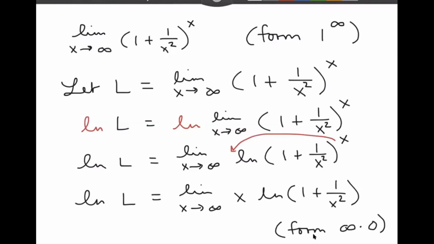All right, so in this case, let me just recopy this real quick. Natural log of L is equal to the limit as x approaches infinity of x times natural log of 1 plus 1 over x squared.